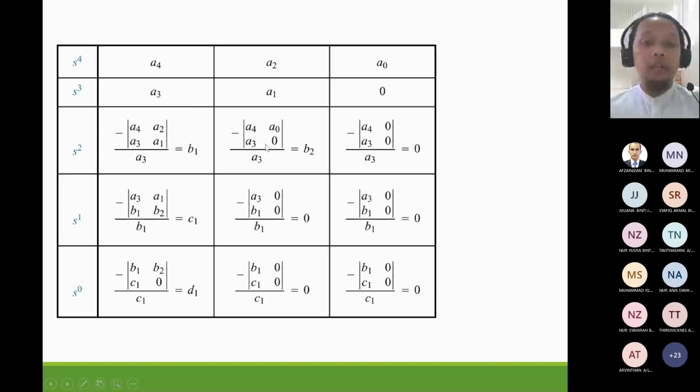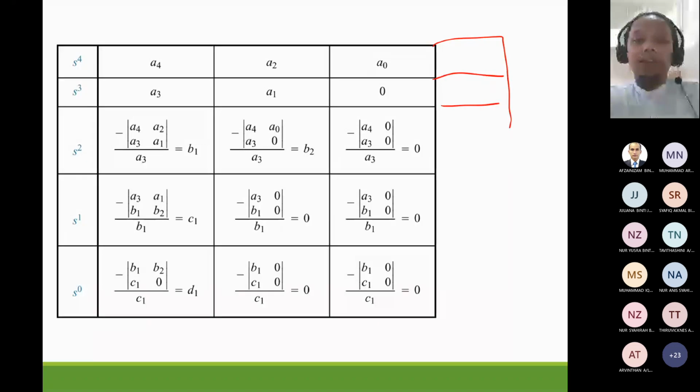Then the second column is the negative determinant of A4, A3, and the column next to it, not the column above it, so A0 and 0. And then the third column is the negative determinant of A4, A3, and the next column, where there is nothing.